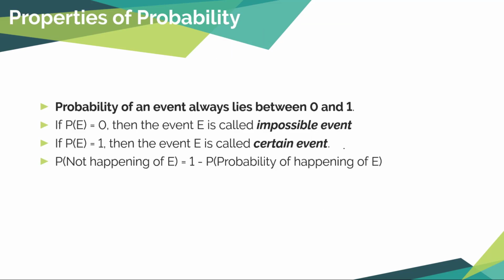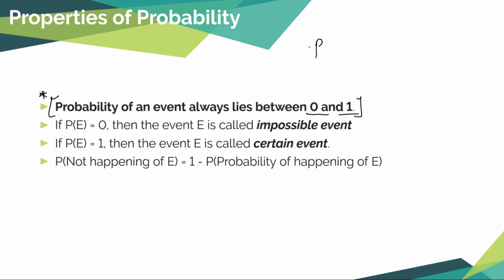Now there are certain properties of probability. The entire concept of probability has certain properties, and the first one in bold letter is the most important property that you should always remember. It says that, in simple words, probability always lies between 0 and 1.